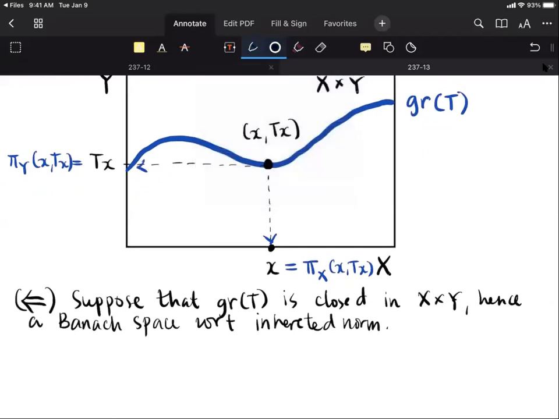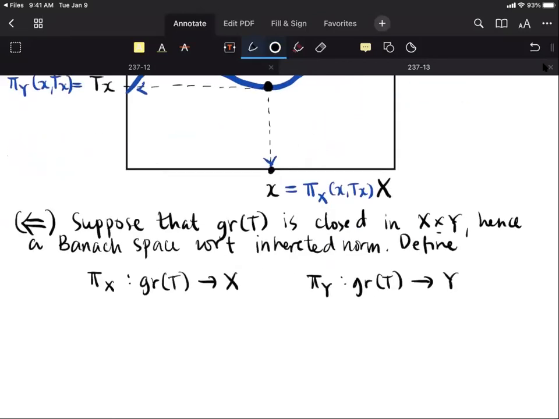So define two operators, pi x and pi y, on the graph. This sends the first coordinate, and this sends the second coordinate. So in other words, pi x of (x, Tx) is x, and pi y of (x, Tx) is equal to T of x.